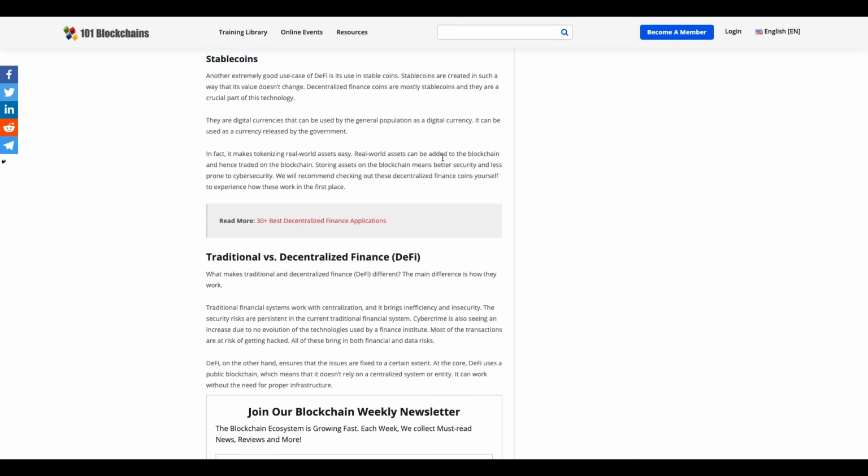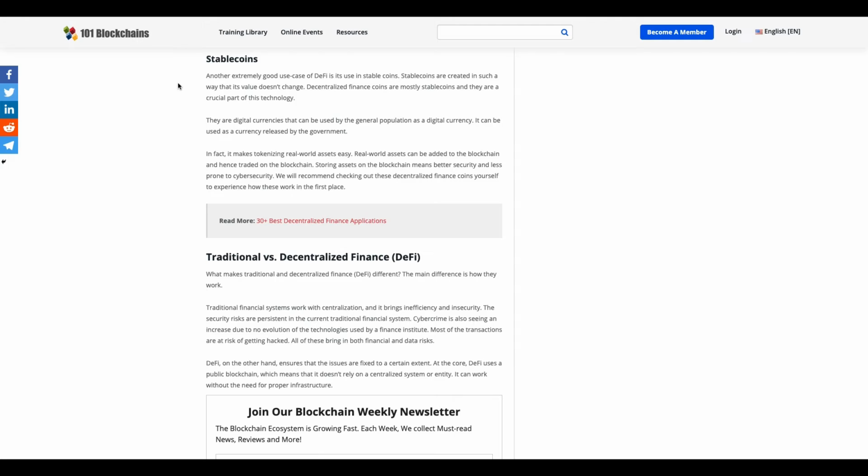Something else I want to mention about stablecoins. Basically, stablecoins are like banks to me. Instead of putting your money in the bank, where banks make money off of you, you could just put it in stablecoins.